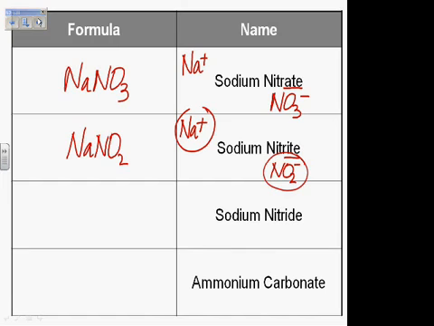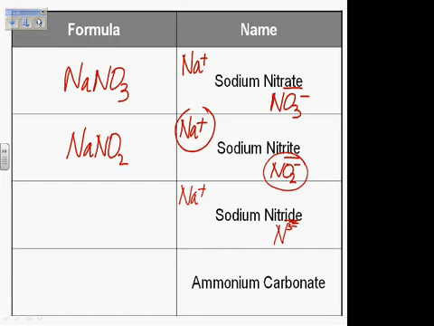Now when we go on to the next one, we have sodium. Again, sodium is a +1 ion. And we're doing nitride now. Nitride is, well, what would it be? It's just nitrogen. It ends in "ide." That's a tip-off that it's probably from the periodic table. And so we have to look and see what kind of ions nitrogen forms. It turns out nitrogen is in a family with phosphorus.